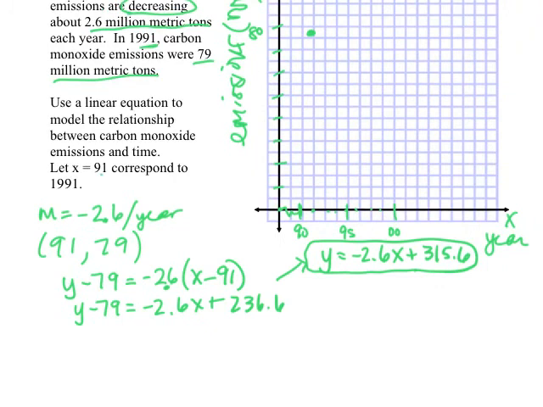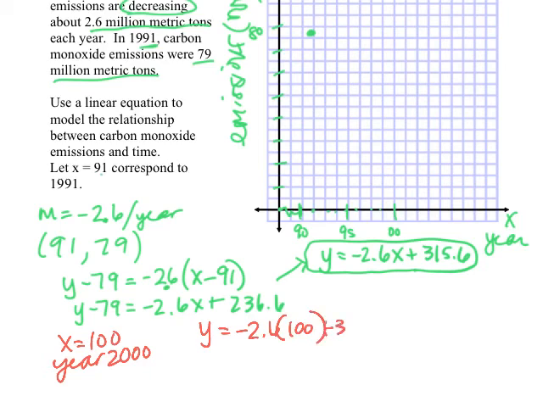So if x equals 100, so year 2000, which is 2000 minus 1900 gets you 100. We plug that in. y equals negative 2.6 times 100 plus 315.6. y equals negative 260 plus 315.6, which when you go through that calculation, you end up with 55.6 million metric tons of carbon monoxide emissions in the year 2000.